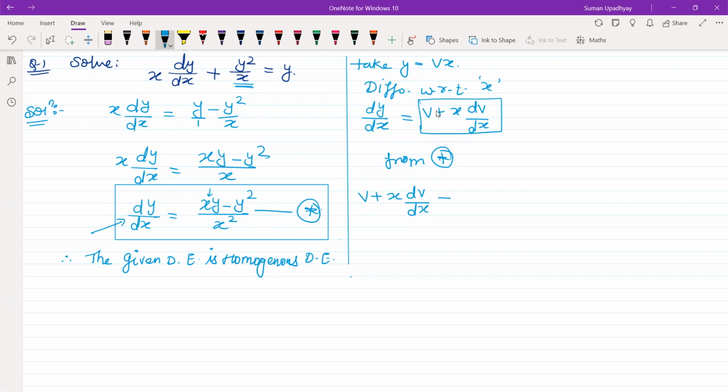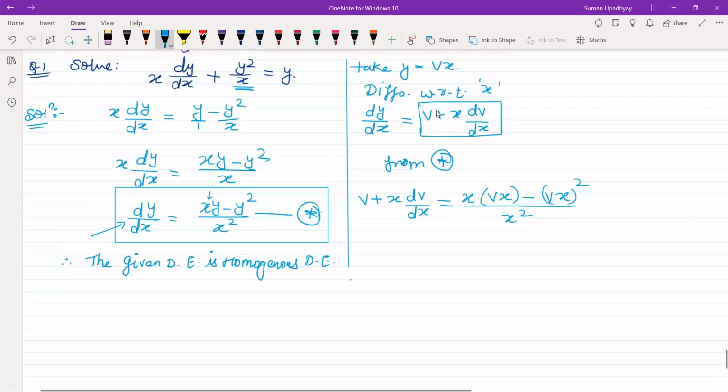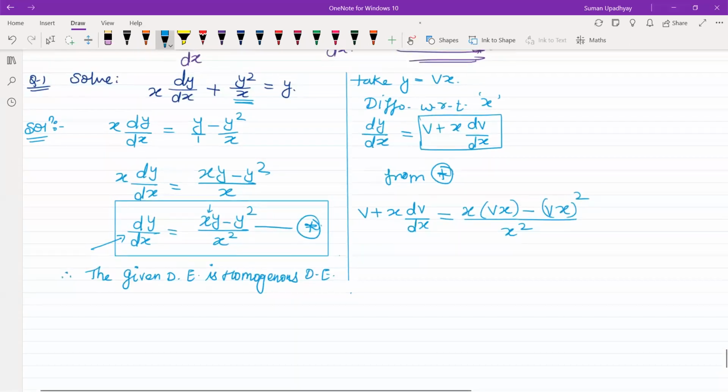Then on the right hand side, x y minus y square upon x square. In place of y, we write v into vx, and y square is vx the whole square, upon x square.